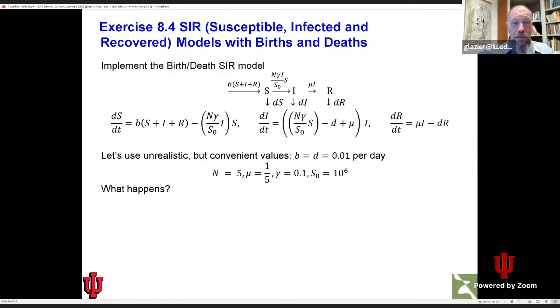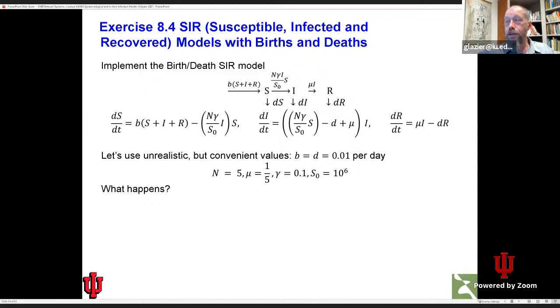But if you're done with the exercise, I'd say, again, I would try B equals D, the value of 0.01, which is people giving birth or dying every 100 days. Again, that would be maybe like mice, or well, cats live a lot longer than that, but in terms of birth rate, about right.